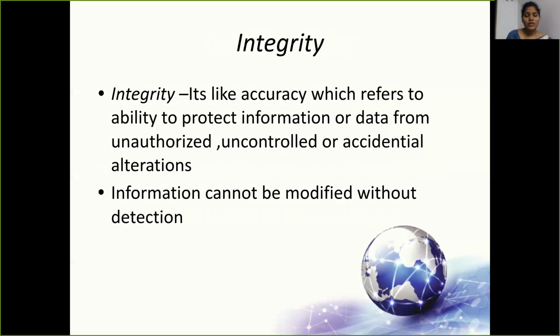Sometimes unauthorized users try to access and modify the data. If they modify the data, then integrity is not maintained. From source to destination, the data should be in the same manner, and information cannot be modified without detection. That is all about integrity, which simply means accuracy.